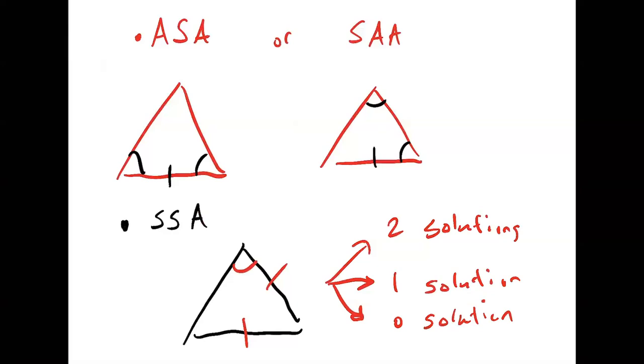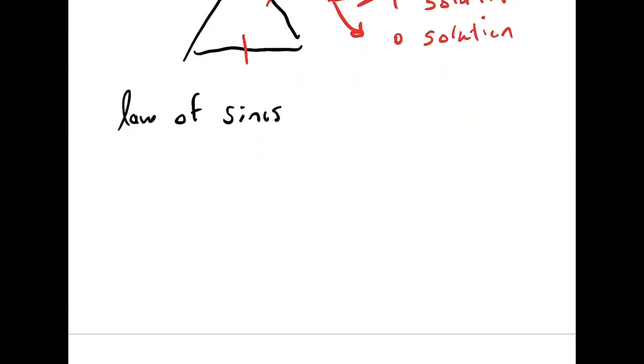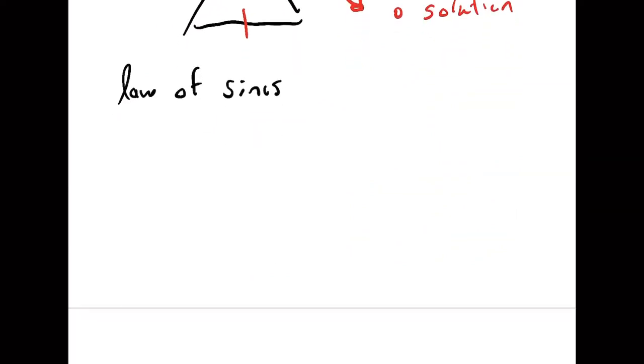Let's go ahead and review what the law of sines stated. It basically says that anytime you have the lengths of the sides of a triangle, they're going to be in direct proportion to the sines of the corresponding angles. And that gave us the following formula. So this is the law of sines. Let me draw a triangle so that we can keep track of this.